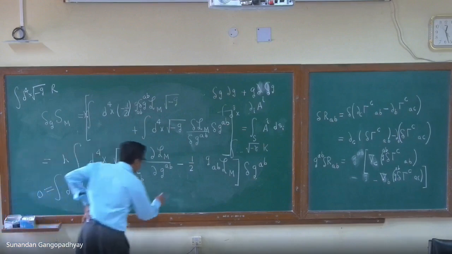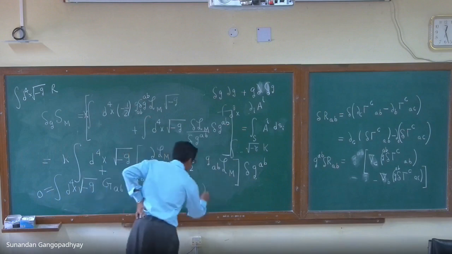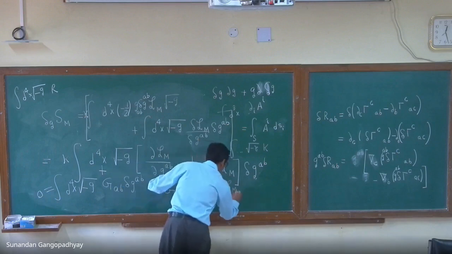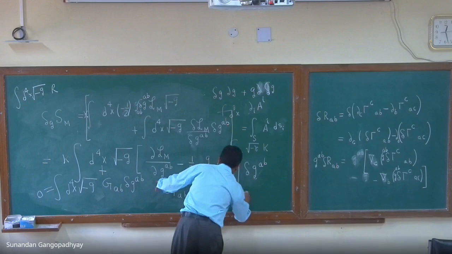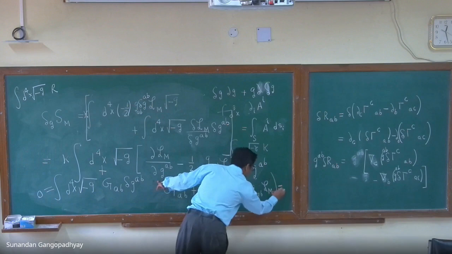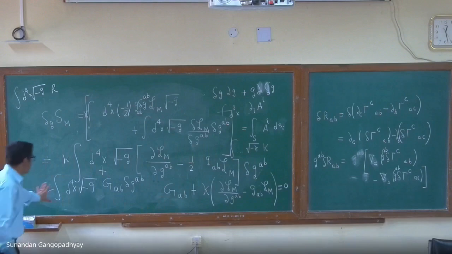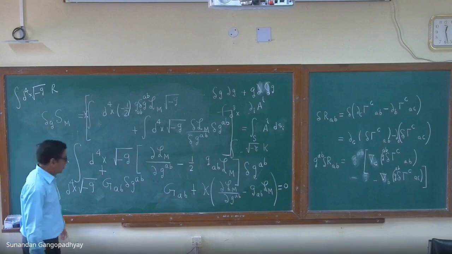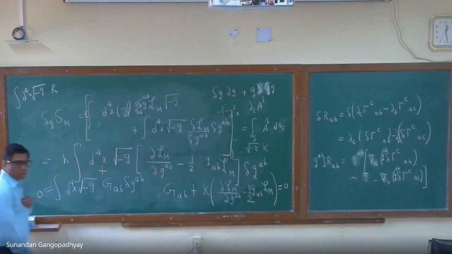Therefore, what you get is G_ab plus kappa times this is equal to 0. Because for arbitrary variations, this is the only way the total variation of the action can be equal to 0, with a half g.